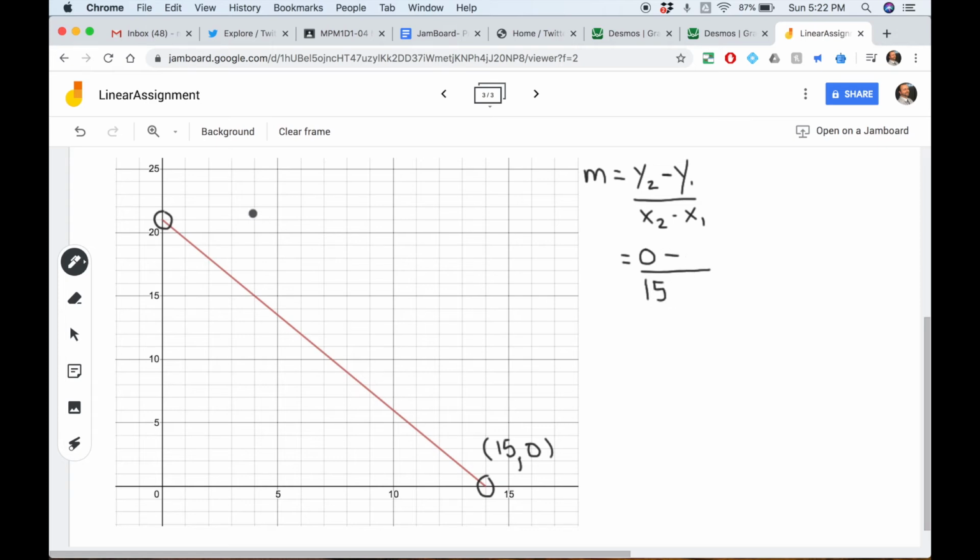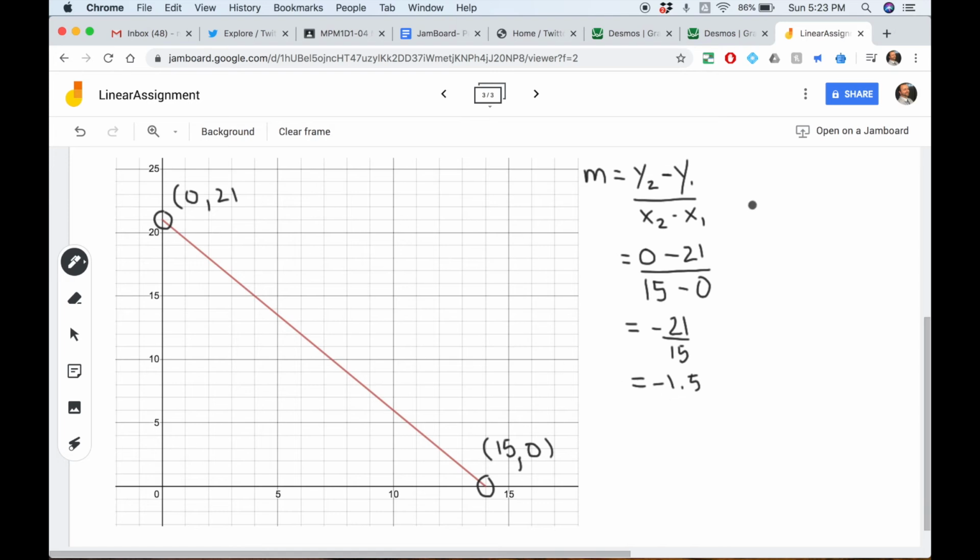I'm going to subtract x1 and y1, which is the point 0 and 21. So I'm going to subtract 21. 15 minus 0, I get the fraction, negative 21 over 15. Dividing those two numbers, I get a rate of change or a slope of negative 1.5.